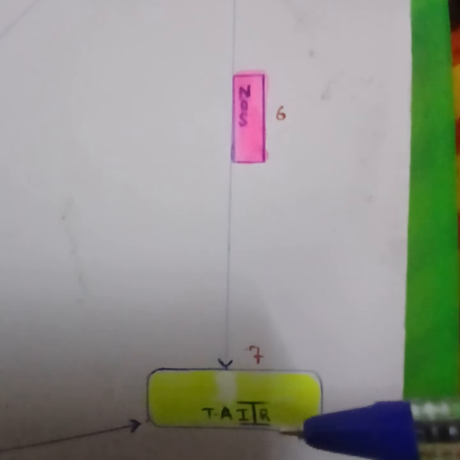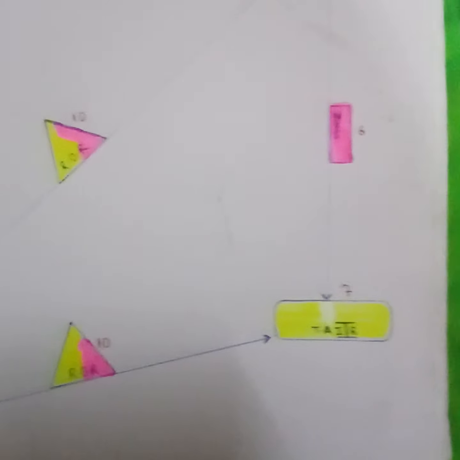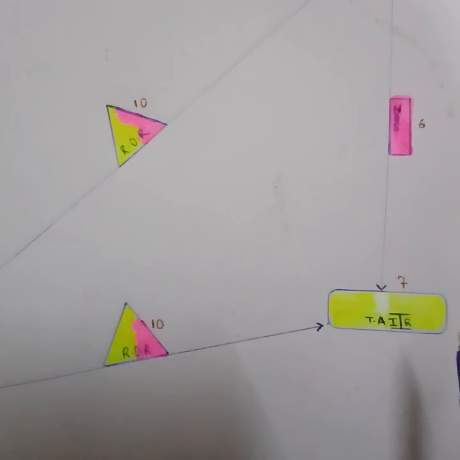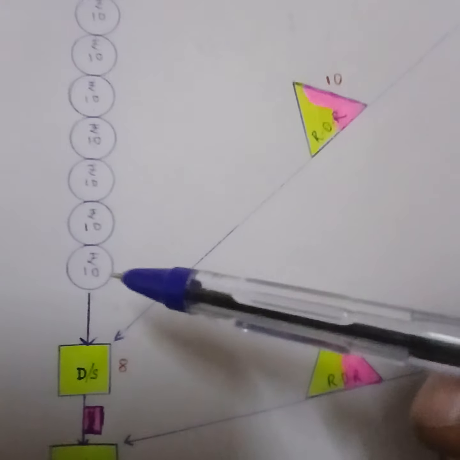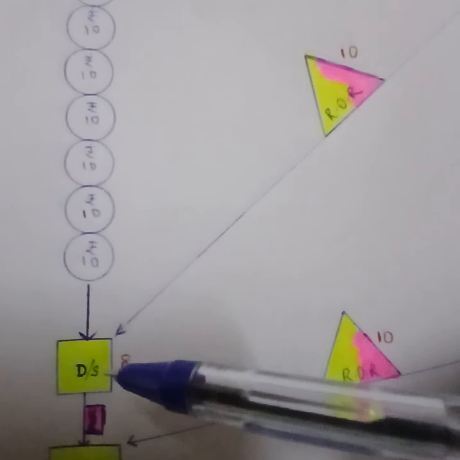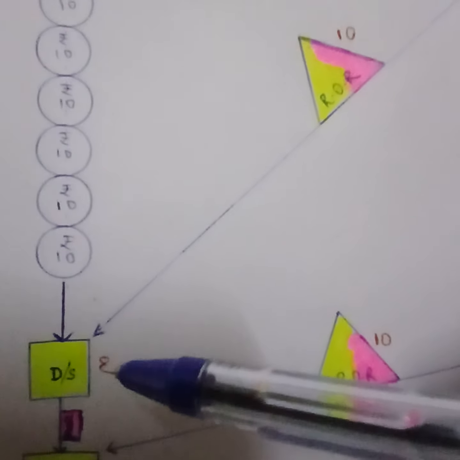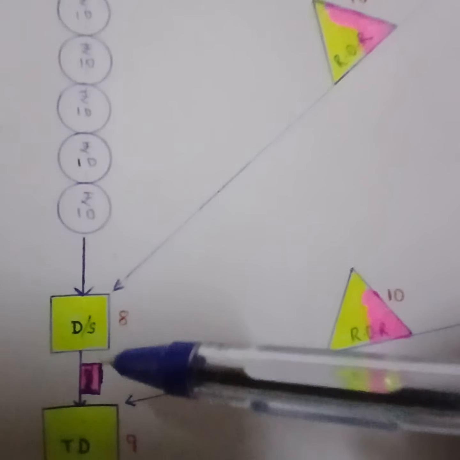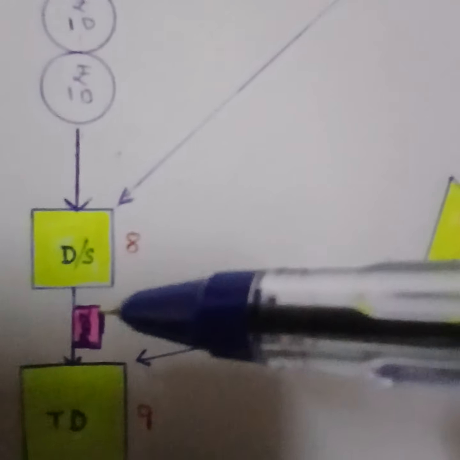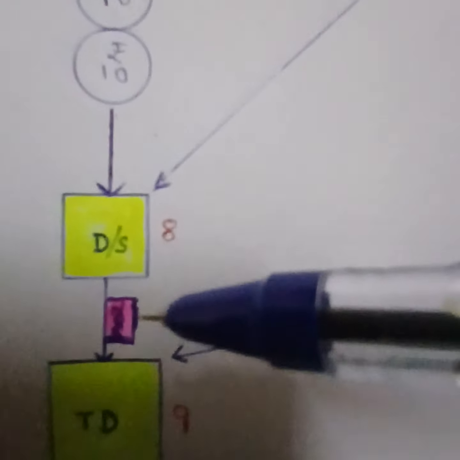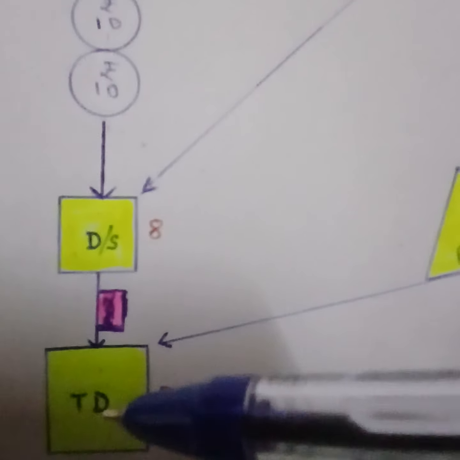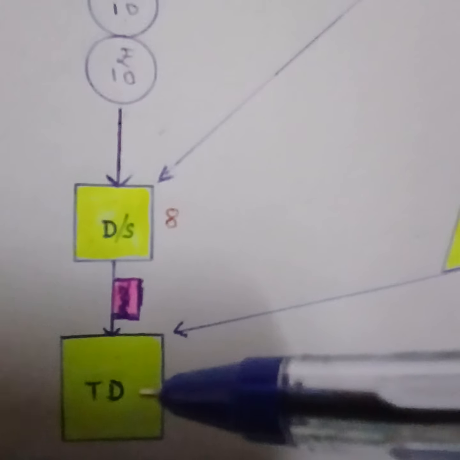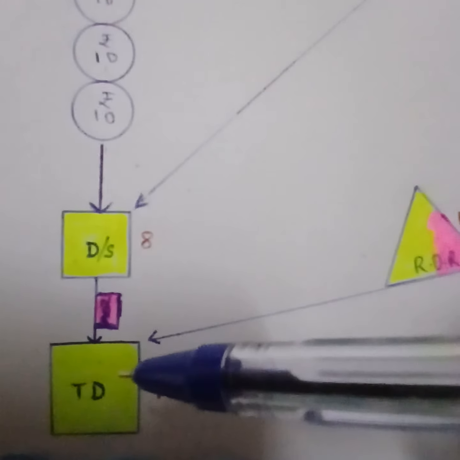Invested while buying and received while selling. Because the company was giving dividend on each share as it makes profit. So the number of shares into dividend per share will give me the total dividend made. Dividend means profit.